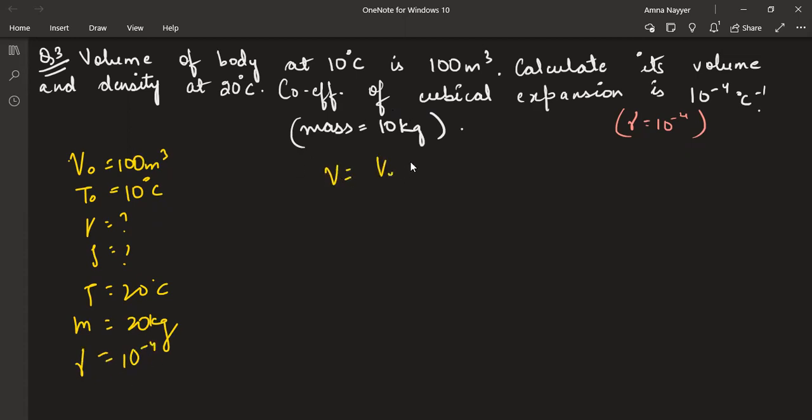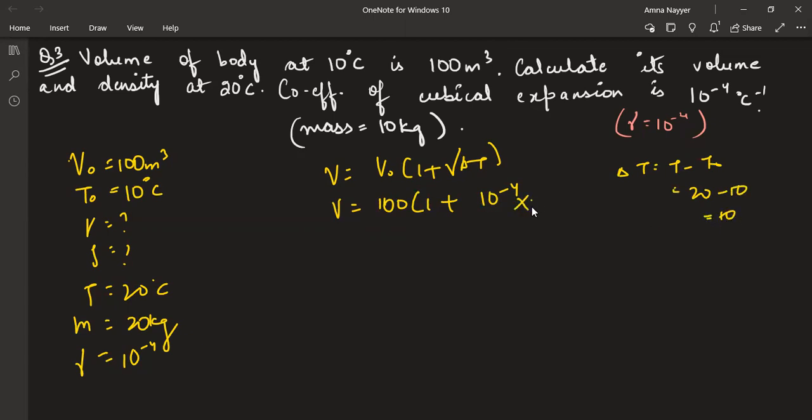V will be equal to V naught into 1 plus gamma delta T. So V will be 100 into 1 plus gamma, which is 10 to the power minus 4, into delta T. Again, see, delta T will be T minus T naught, which is 20 minus 10. That is 10. So this will be around 100.1 meter cube.